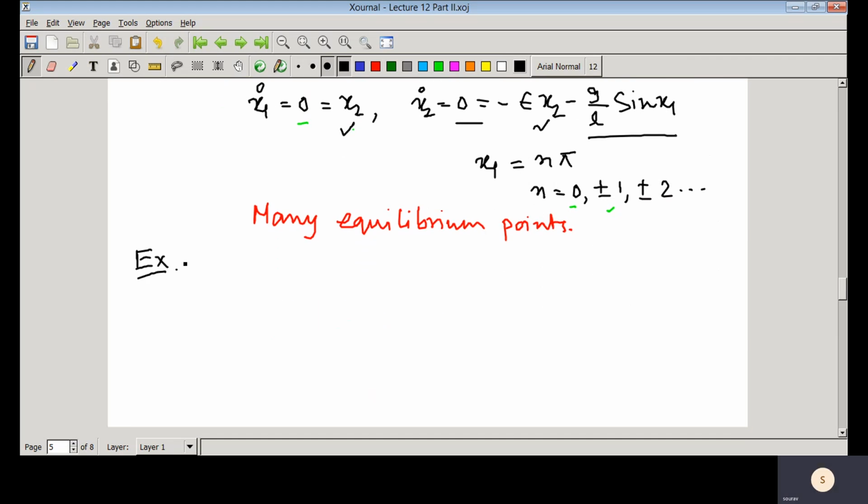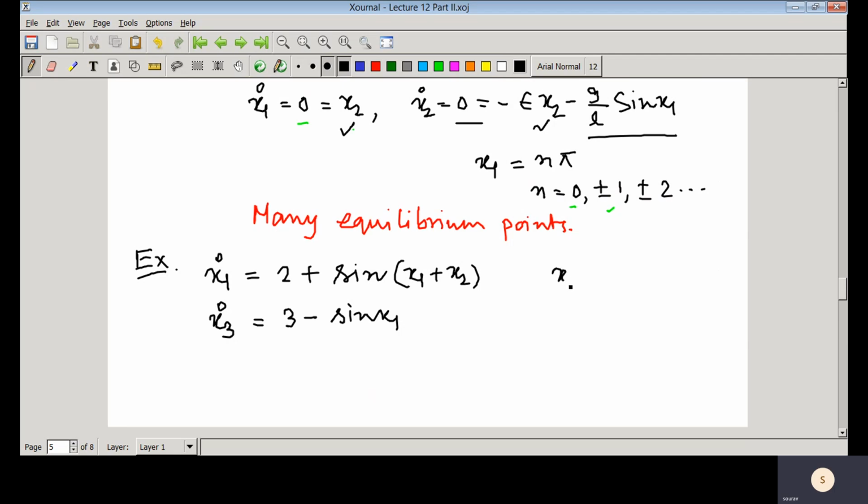Suppose you have a dynamical system: x1 dot equal to 2 plus sine x1 plus x2, and x2 dot equal to 3 minus sine x1. This is obviously a nonlinear system. Now what would be the equilibrium point? Here you need to write x1 dot equal to 0 and x2 dot equal to 0.